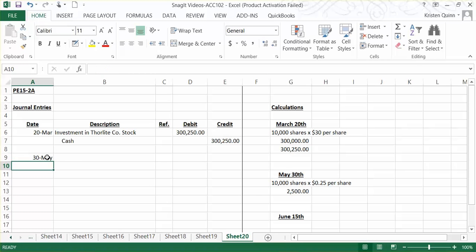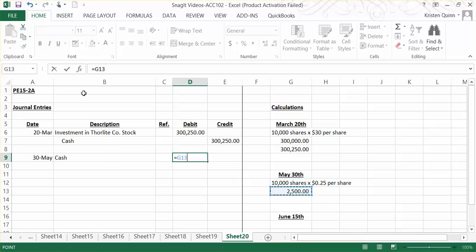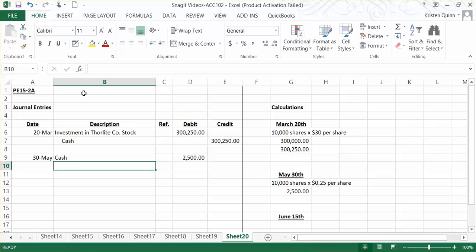So on May 30th, again, we're the investor, so we are receiving the cash of the $2,500. And since we do not have significant influence over this business, we record it as dividend revenue, which will be directly put to our income statement.